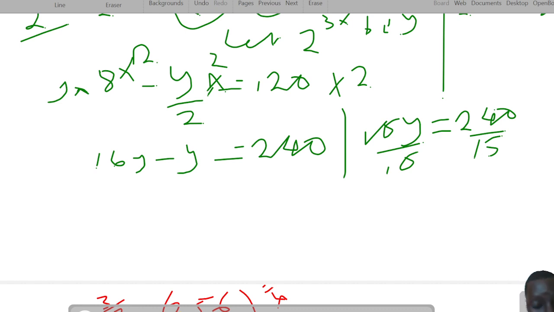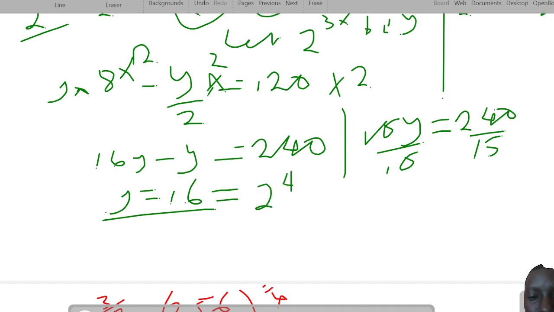We have found y to be equal to 16. But you know, 16 is now the same as 2 to the power of 4. But what do we say? We say let 2 to the power of 3x be y.